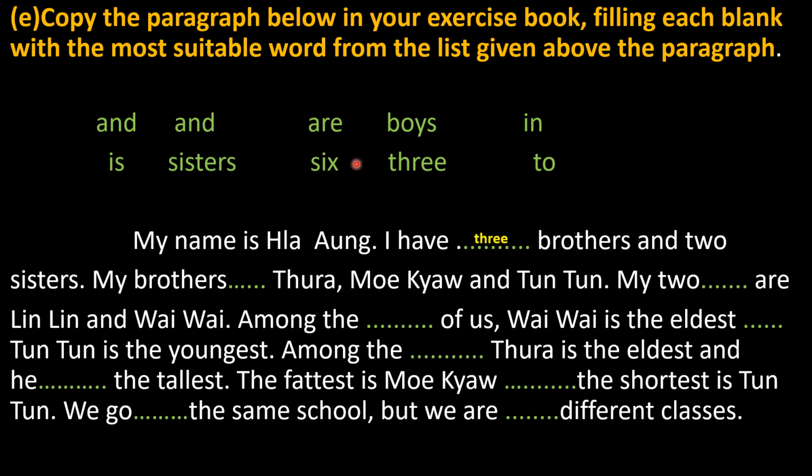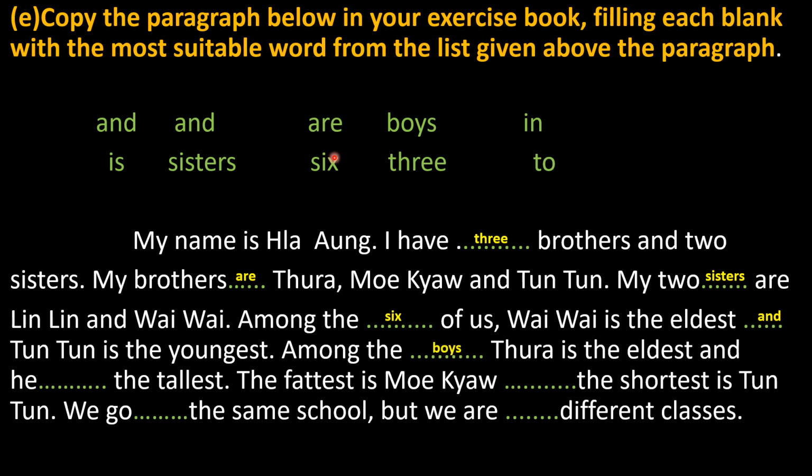My name is Laong. I have 3 brothers and 2 sisters. My brothers are Tura, Mojo, and Tonton. My 2 sisters are Lin Lin and Wei Wei. Among the 6 of us, Wei Wei is the eldest and Tonton is the youngest.